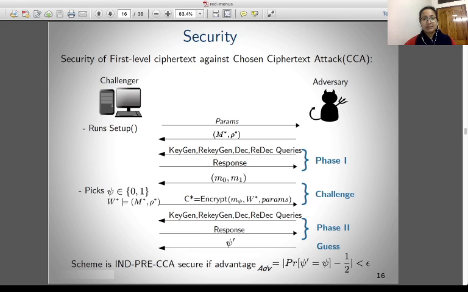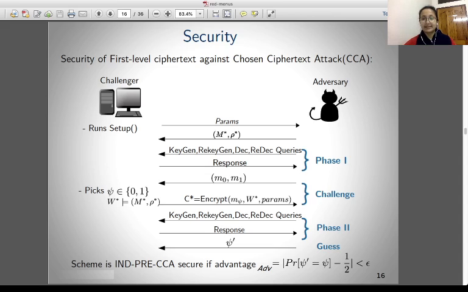Now the challenger will pick a message of its choice and an attribute set W star which satisfies the target access structure, encrypt the particular message M psi using the attribute set W star, form the challenge ciphertext C star and send it to the adversary.